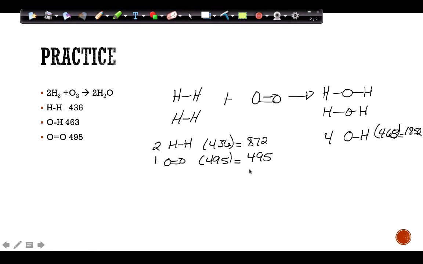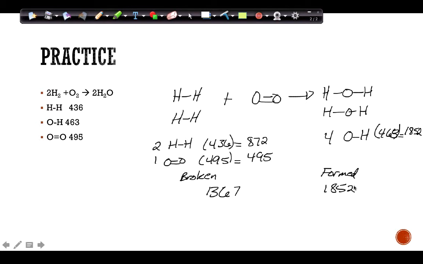All right, so now let's add these 2 together because these are the bonds that are being broken. Okay, so this plus this would give me my bonds broken, which would be 1367. All right, well, this is my total for bonds formed, 1852.